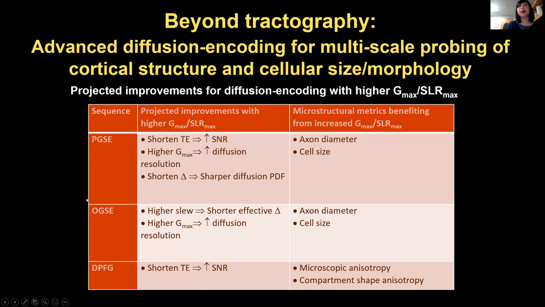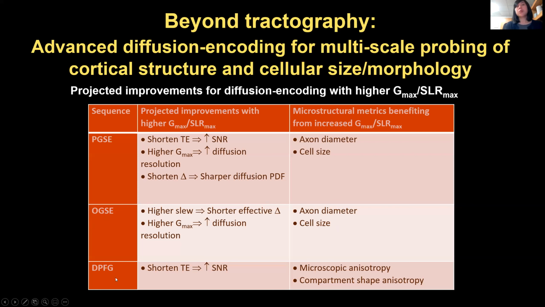We're now implementing oscillating gradient spin echo experiments, which I was really inspired by the work that Manisha Aggarwal and Susumu Mori did with the OGSE experiments in the cerebellum ex-vivo on their small bore scanners. We're designing experiments that will achieve similar effects to get to even shorter effective diffusion times to, again, map these sorts of quantities.